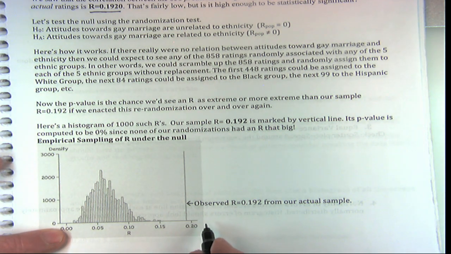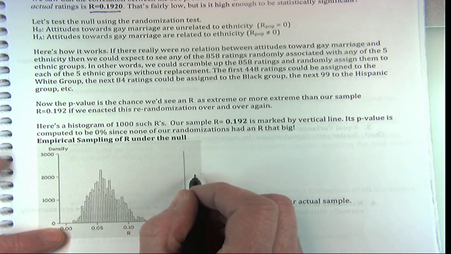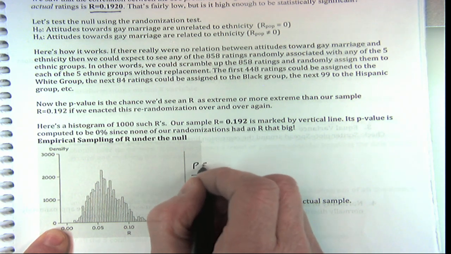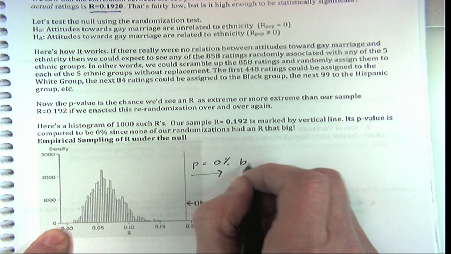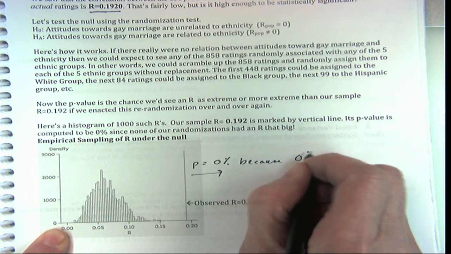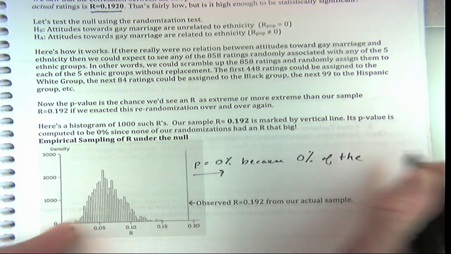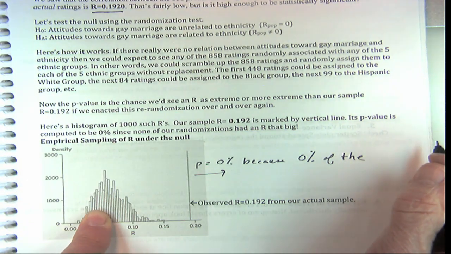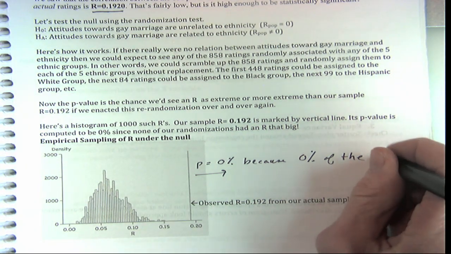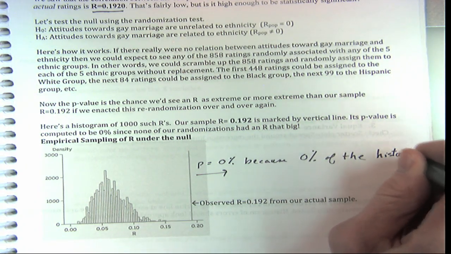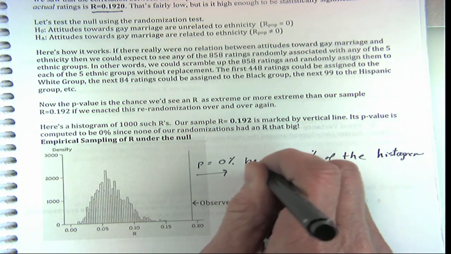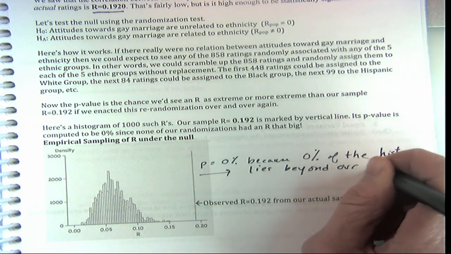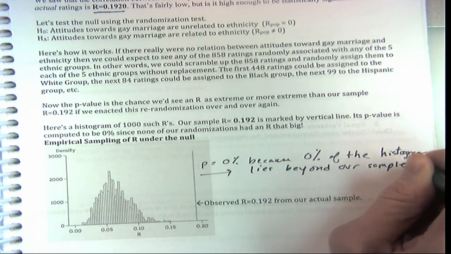So our empirical p-value is right here, p is equal to 0%, because 0% of this empirical histogram, this is our empirical sampling distribution of R under the null, is beyond our actual sample R that we got.